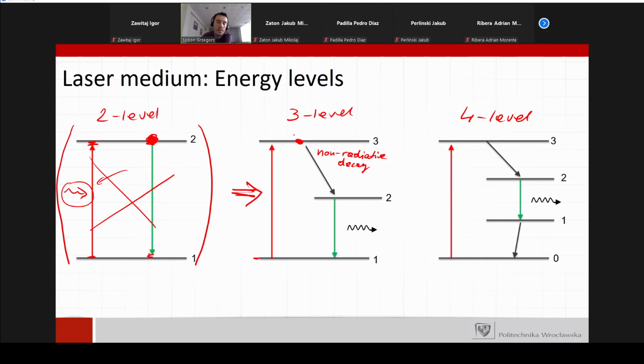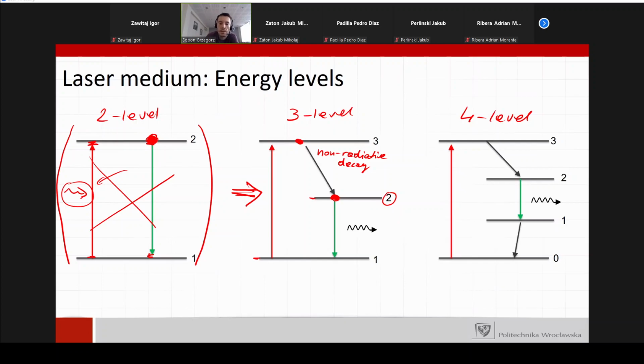So this is also possible. The atom doesn't have to emit photons every time. It might just lose its energy because of, for example, collisions or some interactions between two atoms, moving into a lower energy level, to level 2.